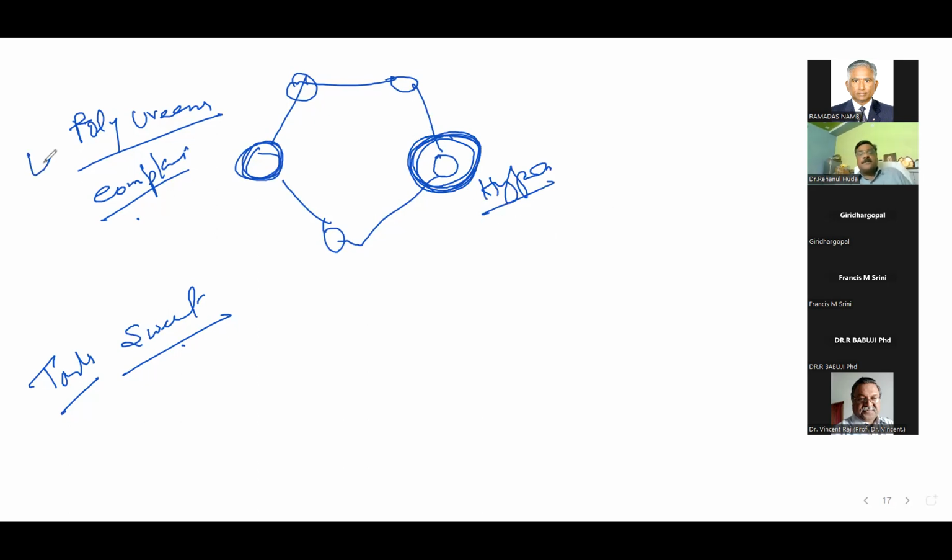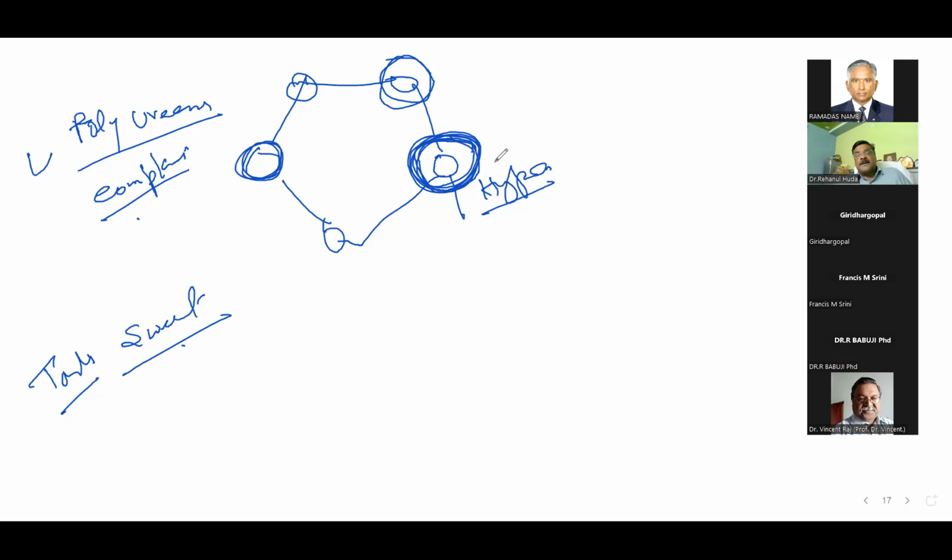In this polyuria case, we will treat the spleen. Spleen is hypo. If spleen is hypo, we will treat the spleen, but the hypo condition of the spleen is because of the fire, because fire is less; fire is the mother of the spleen.